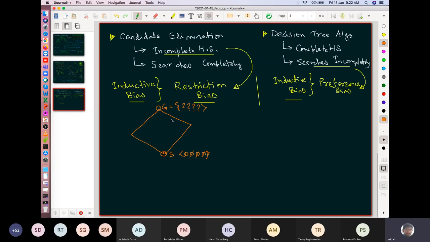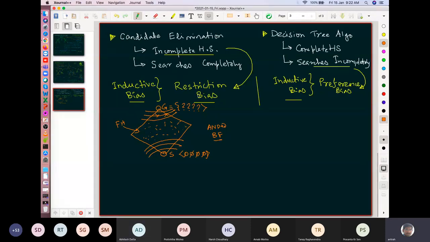However, in that space, every hypothesis is present, provided that the hypothesis space is incomplete because I only allow ANDed Boolean formulas. However, the candidate elimination algorithm searches over that space in a complete or exhaustive manner. Whichever does not fit the training data, I eliminate. The rest, whichever fits the training data, every hypothesis inside it, I report as my final hypothesis. Is the rest clear?